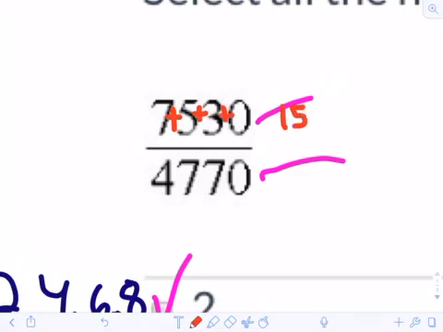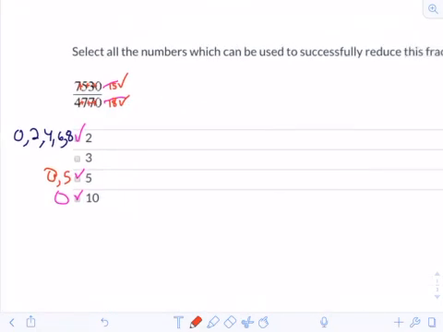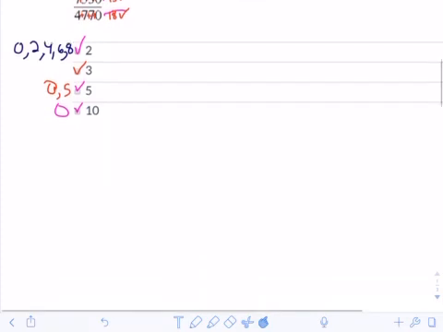Good, and that's totally divisible by 3. 4 plus 7 is 11, plus 7 is 18, plus 0 is also 18. Nice. Which is divisible by 3. So therefore, this is divisible by 3. Okay? See, you don't even have to divide these to check if it's divisible or not.